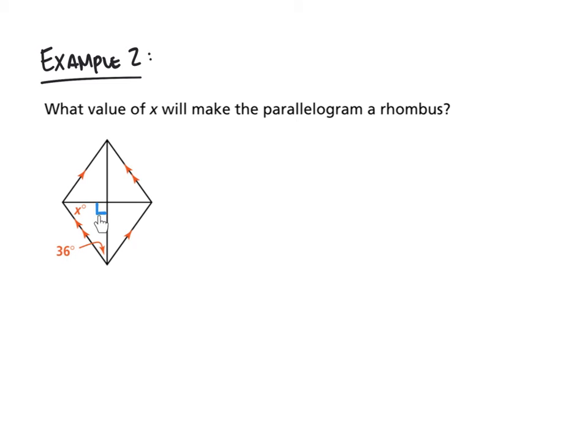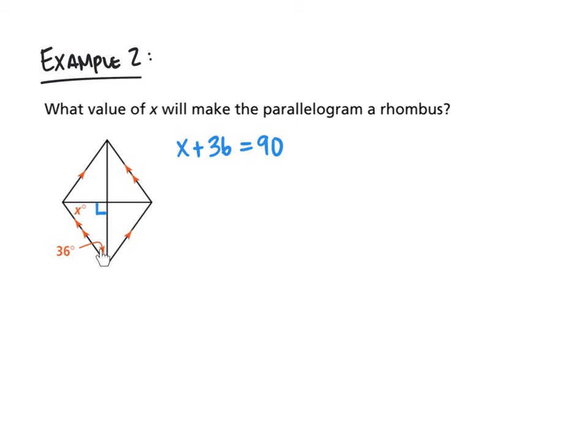And so now we can look and say, well, what measure of x would force that to be a 90-degree angle? If we want that to be a 90-degree angle, then these two angles need to have a sum of 90. So in order for all three of those angles to add up to 180, or for the two acute angles to add up to 90, we need to say that x plus 36 needs to equal 90.